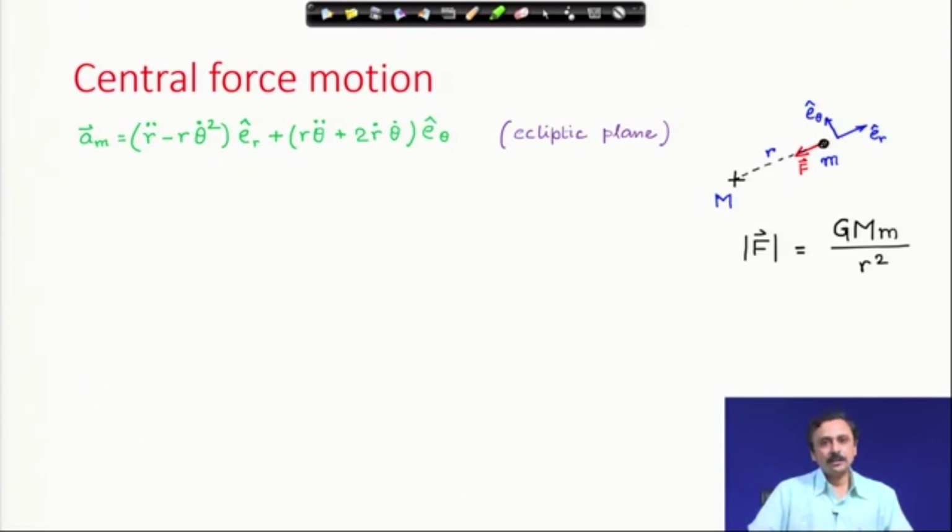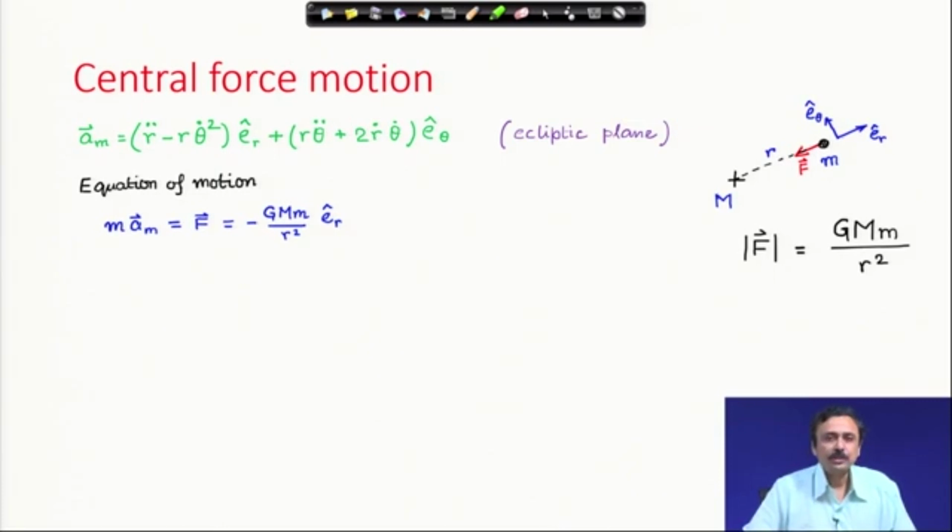The Moon around the Earth also has such a plane, but that plane is slightly inclined with the main ecliptic that has the Sun and Earth in it. So, on this ecliptic plane, we are using the polar coordinate system, and the acceleration of small m, let me say small m only, is given by the acceleration expression, which we have discussed so many times.